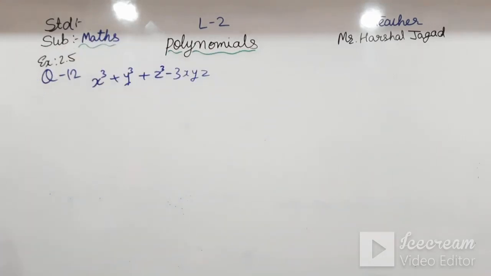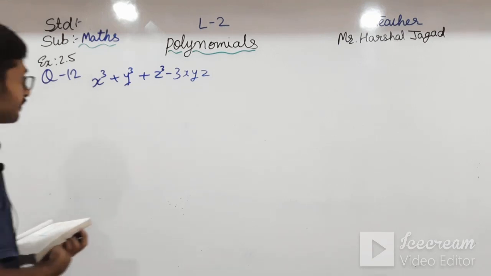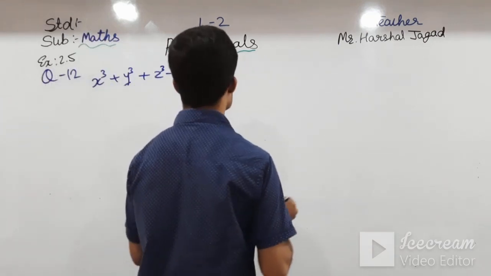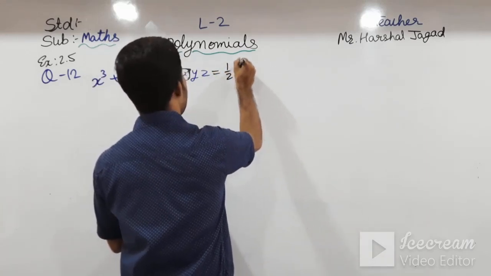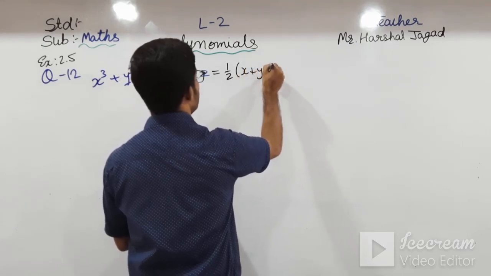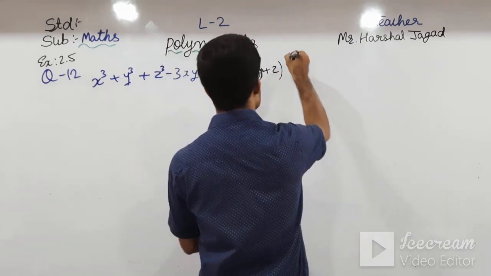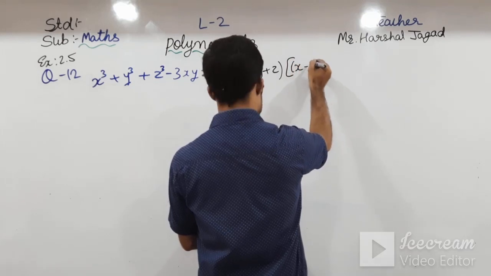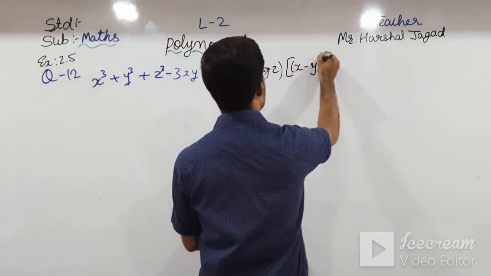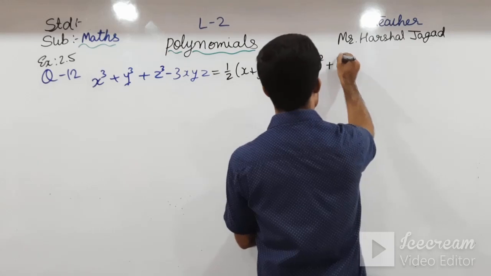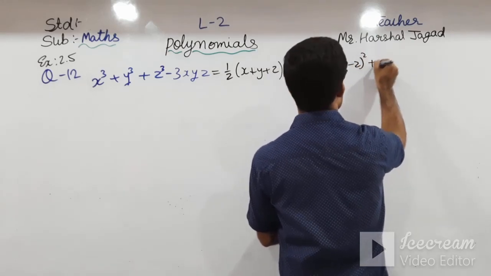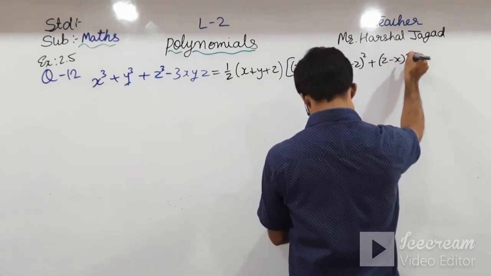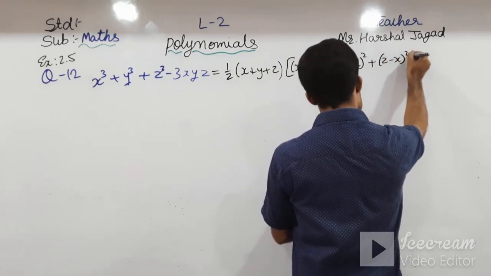So what is now RHS? RHS is equal to half x plus y plus z into x minus y the whole square plus y minus z the whole square plus z minus x the whole square.